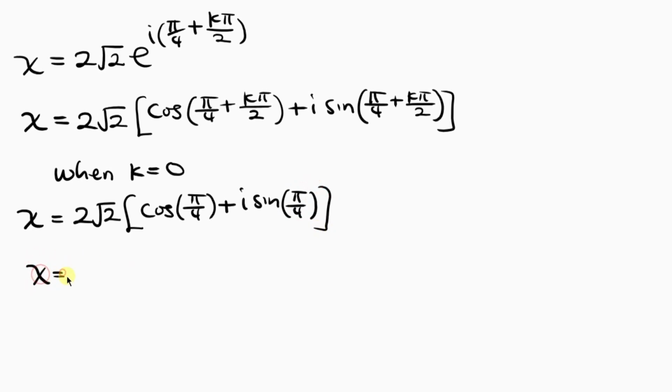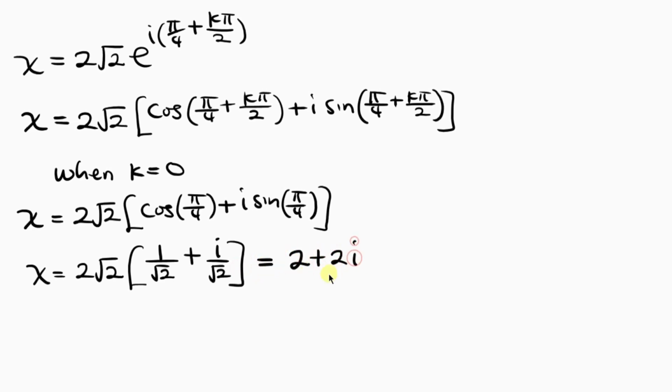So x will be equal to 2 root 2 into, now watch, cos pi over 4 is the same as 1 all over root 2 plus, now sine pi over 4 is also the same thing, 1 all over root 2, multiplied by i, I'll be having i all over root 2. Now let's open up the bracket, and when we do that, we're going to be having 2 plus 2i, and this is one solution for x.